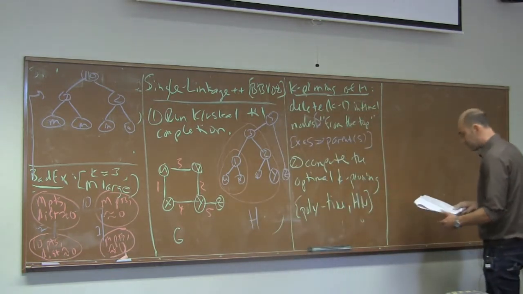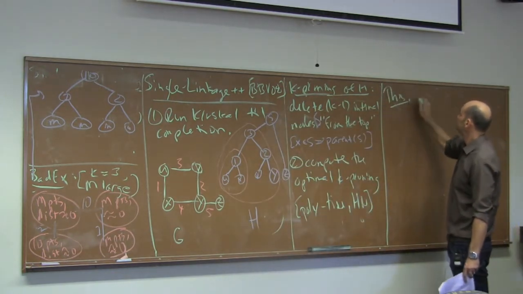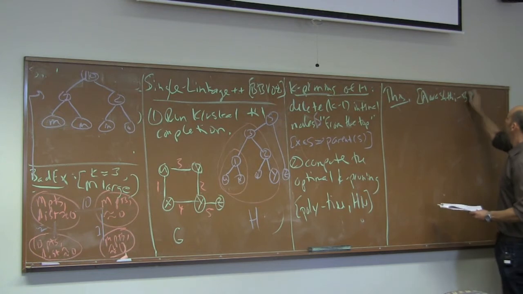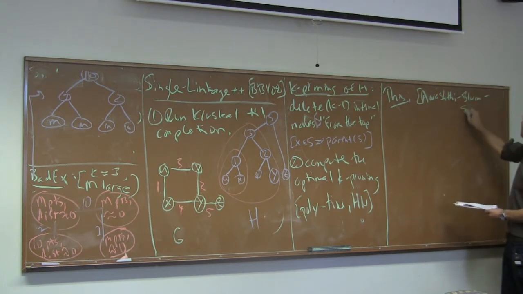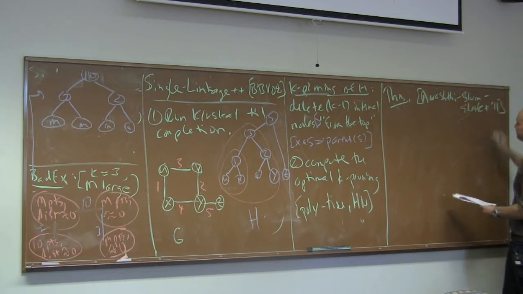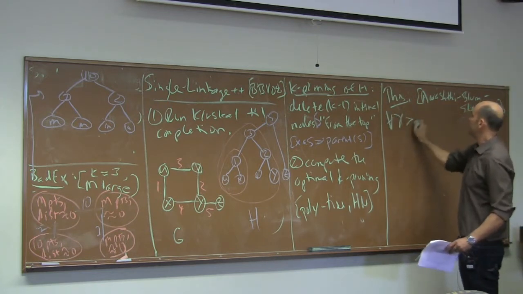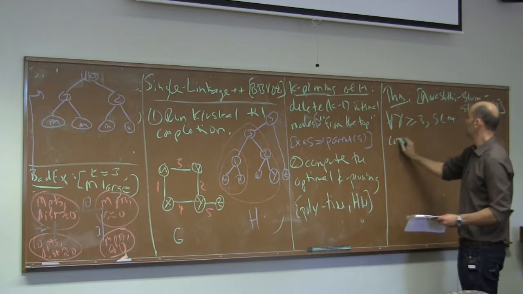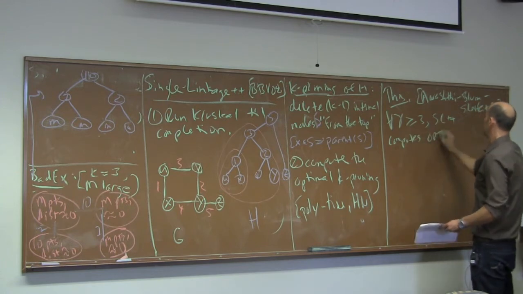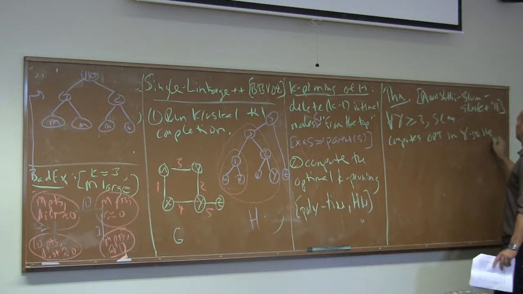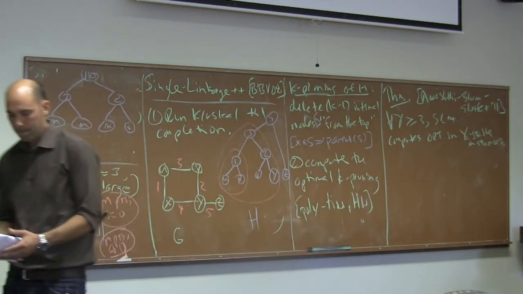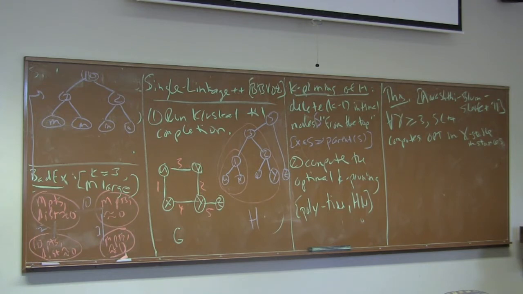Here's the theorem we want to prove, by Awasthi, Blum, and Sheffet. For all gamma at least 3, single link plus plus computes opt in gamma-stable instances.